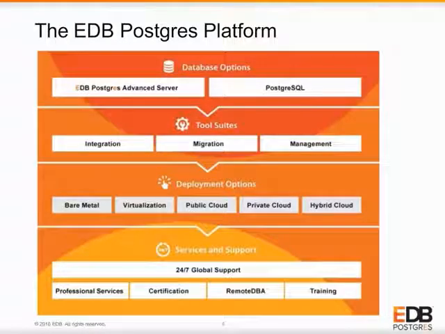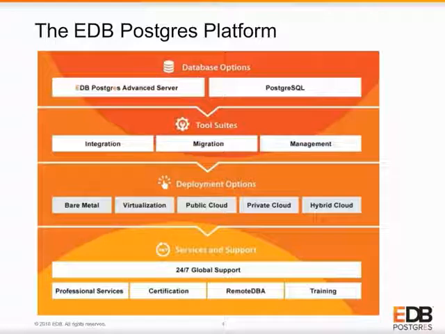Now let's look at the EDB Postgres platform, which is our offering to you. It's a database offering, but the important point here is that it's not just a database. If you take a look, you see that there are two database options to choose from. There's PostgreSQL on the top right, which is a certified version of the community PostgreSQL database.